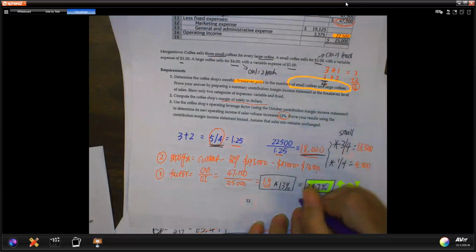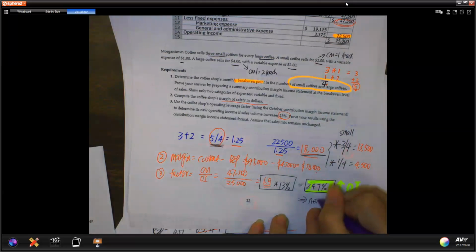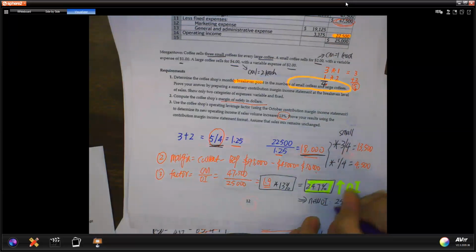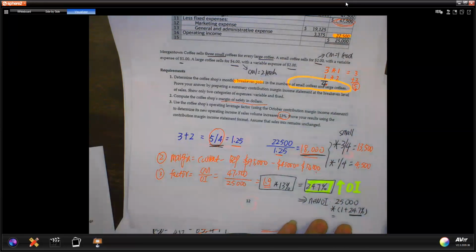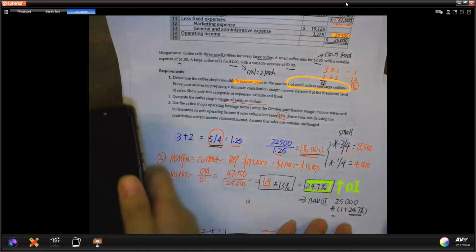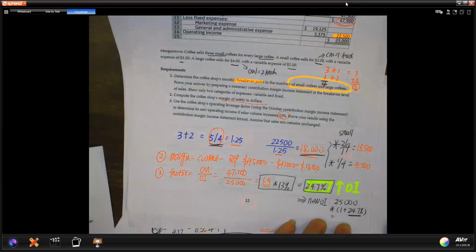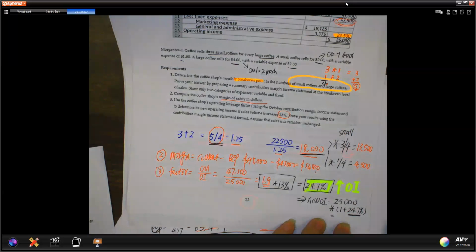Okay, and your current operating income is 25,000. So your new operating income will be your 25,000 times 1 plus 24.7%, because it will increase by 24.7%. Give me 1 second. I just want to show you this quickly.